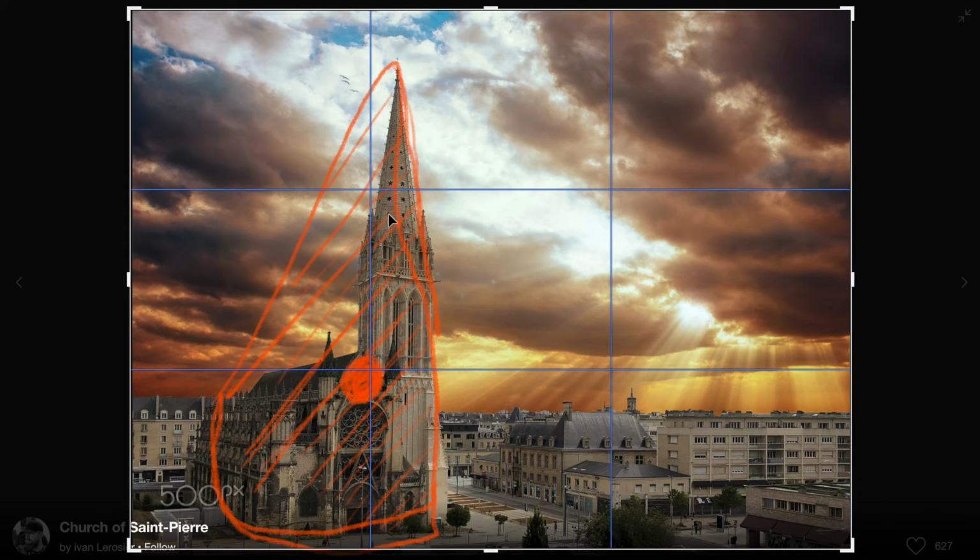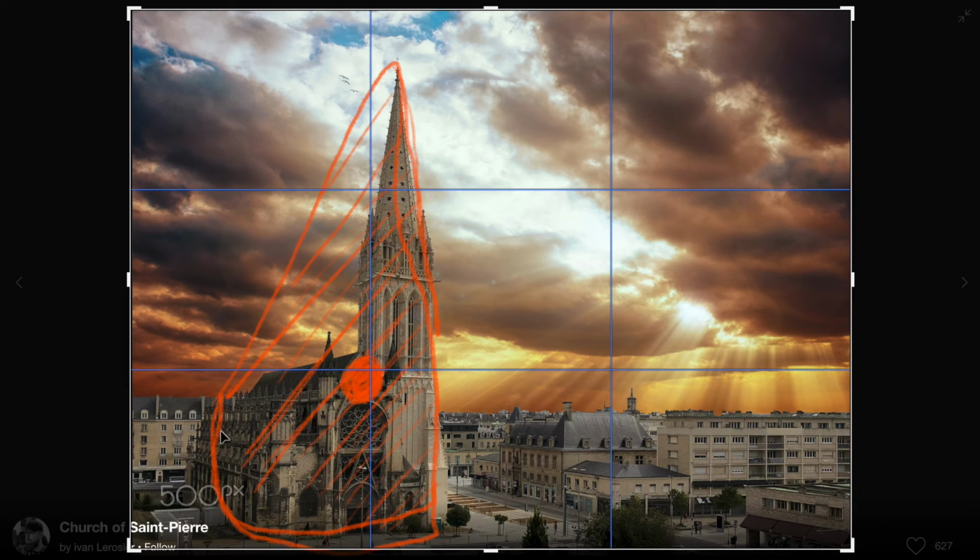Now imagine that the photographer matched and aligned this main line here exactly with the one third line. What I think is it would feel kind of weird.